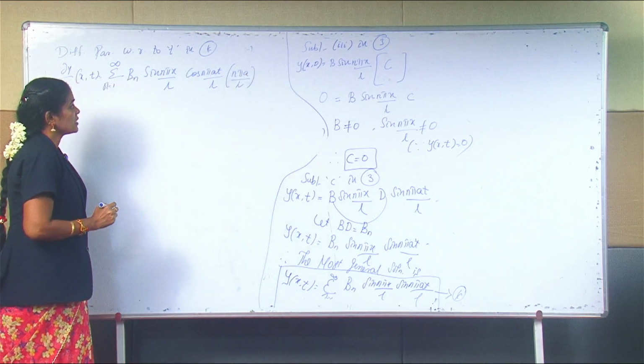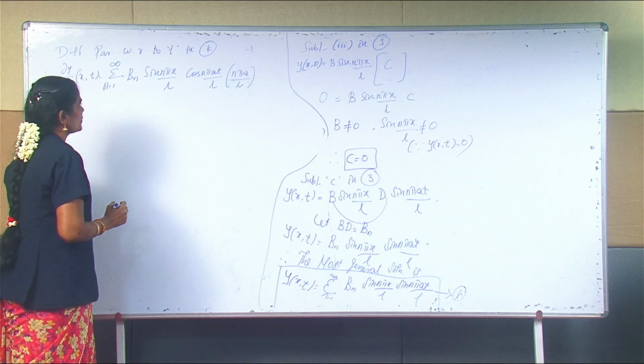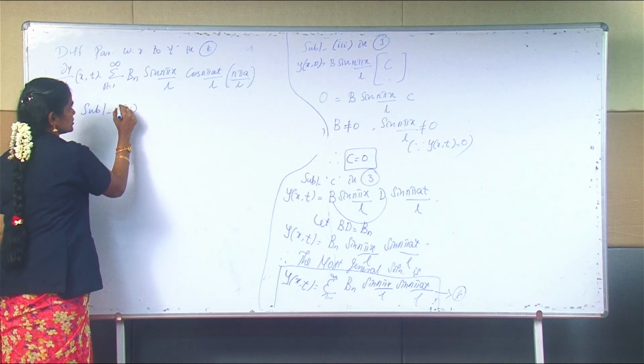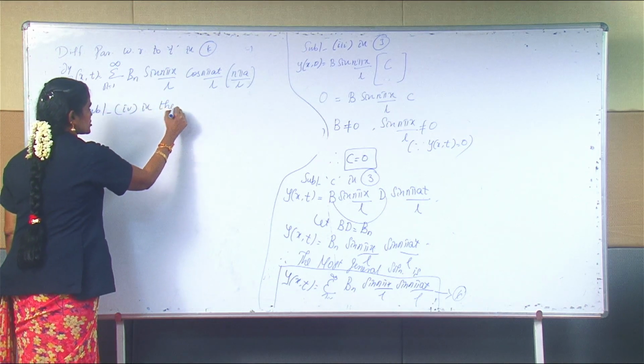So cos n pi a t by L into n pi a by L. Now substitute your last boundary condition in the above equation.